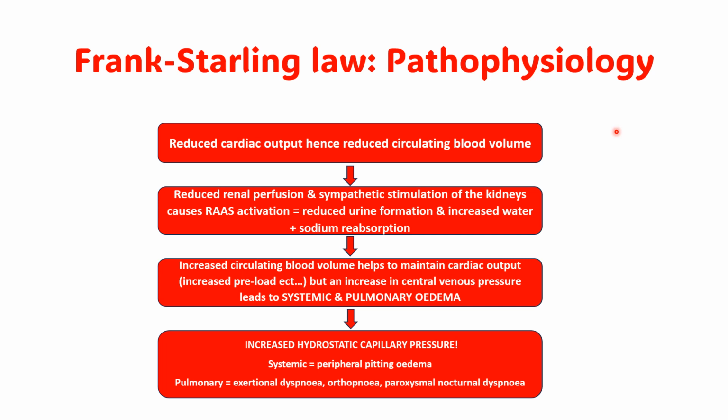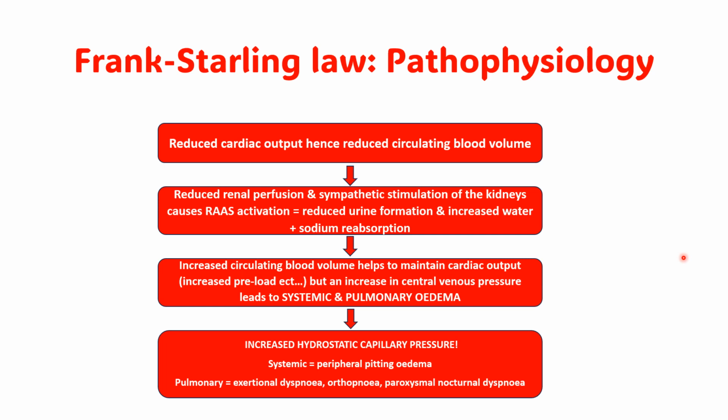Right. So essentially, you also have neurohumoral mechanisms, which act to try and maintain that cardiac output. This happens via activation of sympathetic nerves from the medulla oblongata, and from baroreceptors in the aortic arch and carotid sinus.